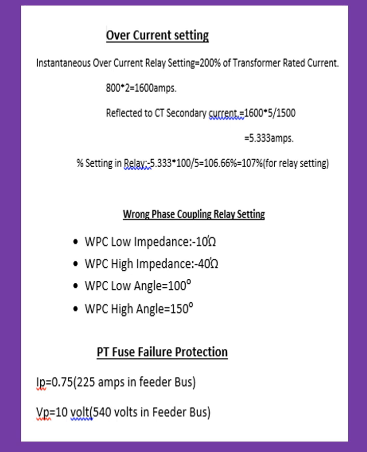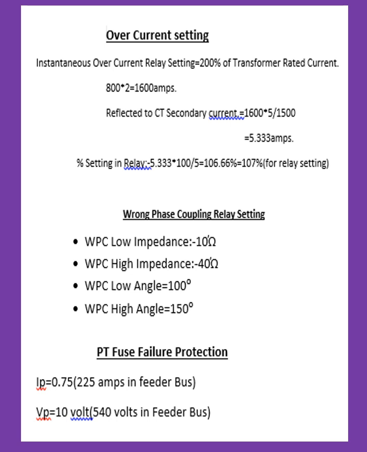Wrong phase coupling: here we are simply keeping the low impedance 10 ohm and high impedance 40 ohm. It is keeping low and high, thus no calculation is required. And WPC low angle 100 and WPC high angle 150.